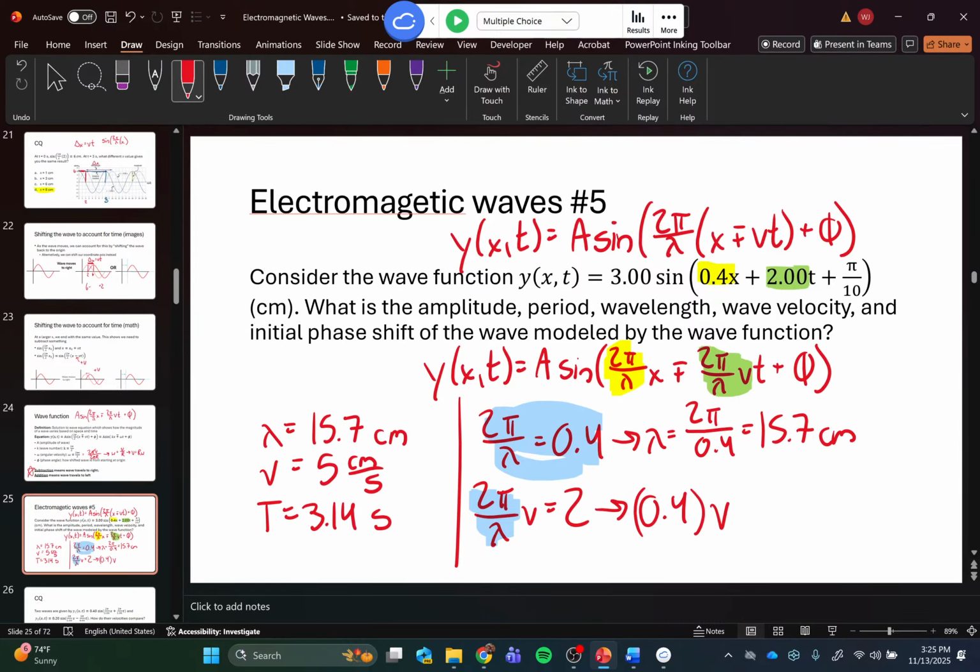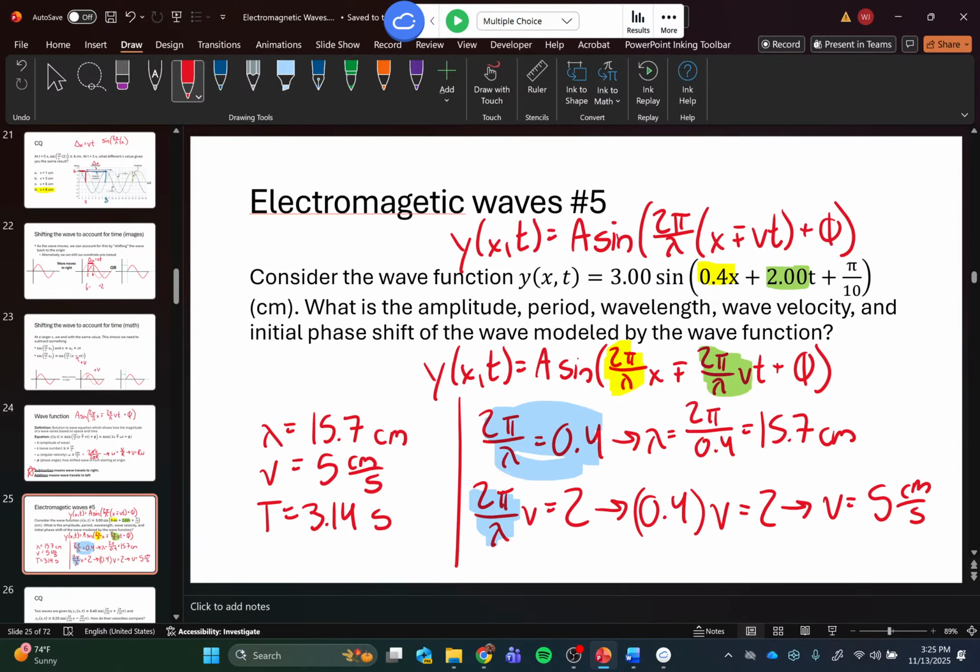That's the definition of 2 pi over lambda. We defined it already in an equation. This is much easier. I could do this in my head. Calculators are always safe, but this is something you can do. Again, we'll assume centimeters. Great. So now you've got velocity.